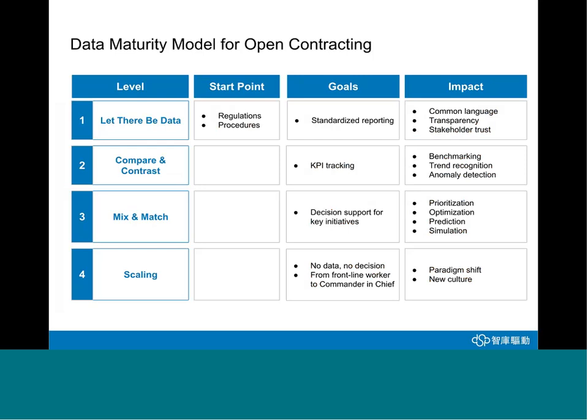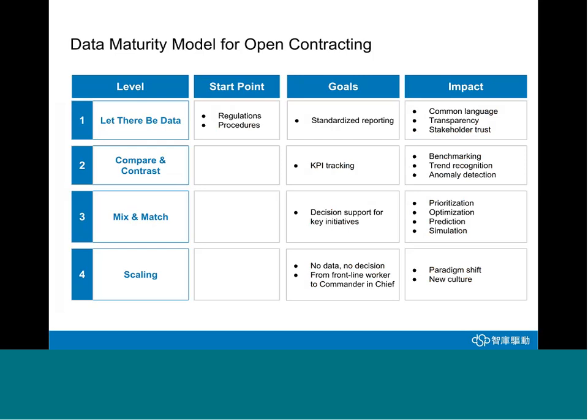The first level, I call it let there be data. I think most people will stay at this stage because they want a procurement system which can generate data regularly, hopefully in a standardized format, for example OCDS.